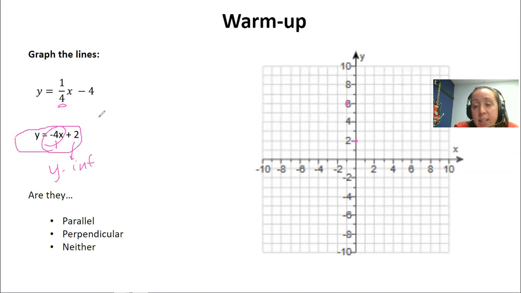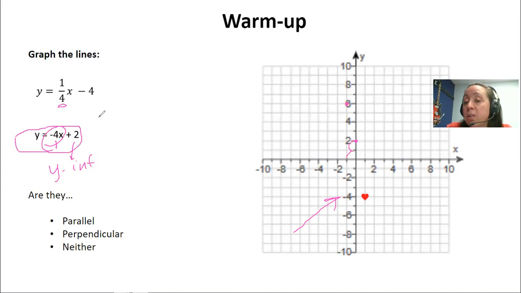What do you guys think? From that starting point, that 2. Yeah, that's right. Very good. So we would go down 4, 1, 2, 3, 4, right 1. And here's where it gets confusing. We don't go down to -4. We count 4 spaces down from that 2.